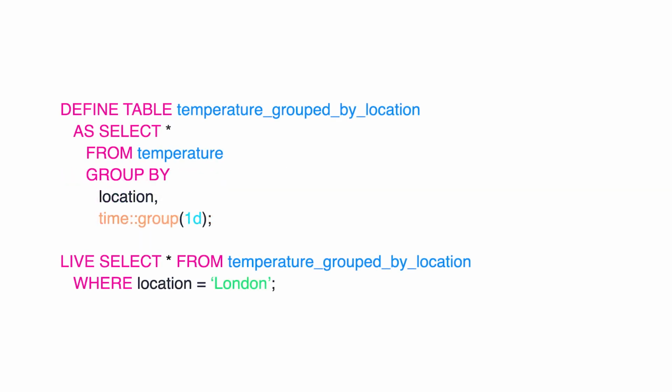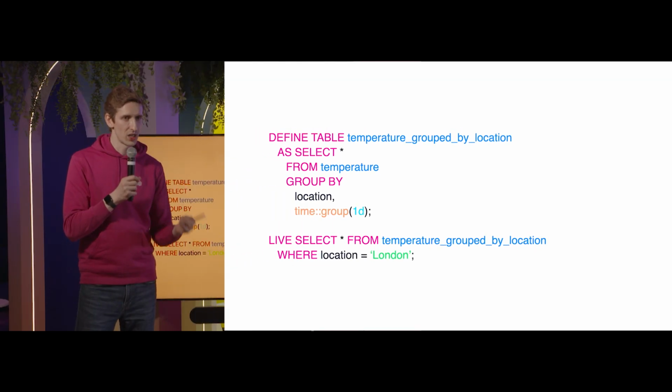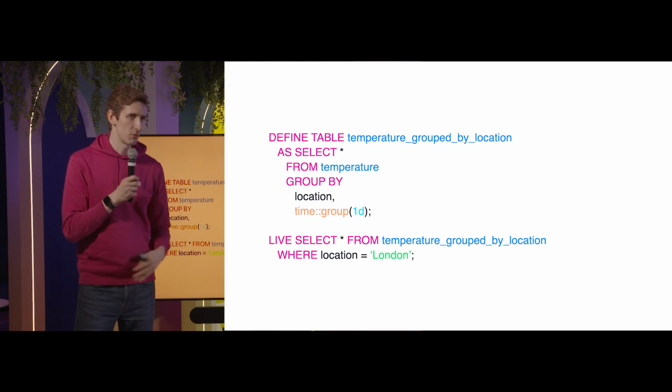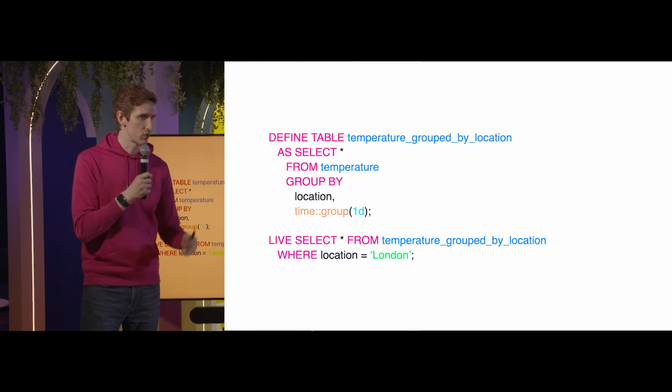You can then combine these live queries with other functionalities. In SurrealDB, we have a feature which is effectively predefined aggregation of data up front. If you have a dashboard, and you know that you always want to get the total number of sales by month over the last year, effectively you have 12 months, but let's say there are 1 million sales this month, or 1 million temperature recordings.